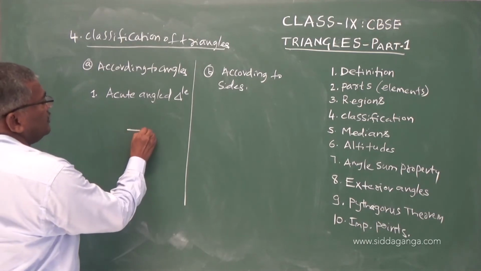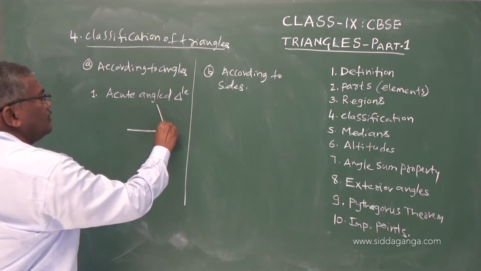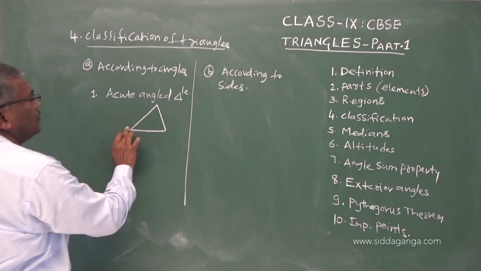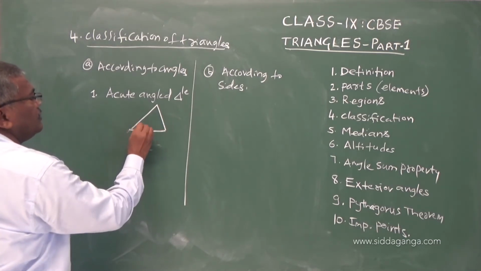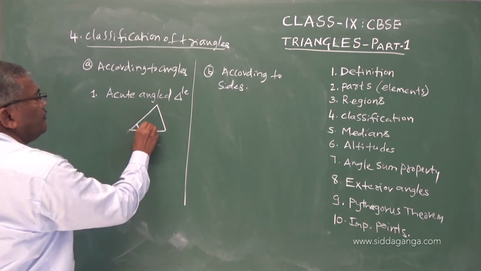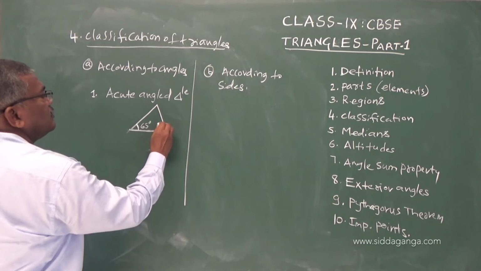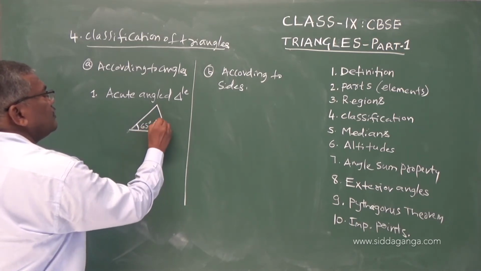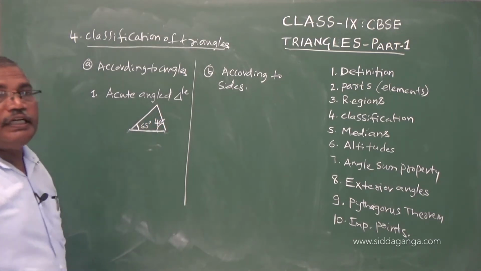So, let us say this is a triangle like this. Say this is 65 degree and this angle, let us say, second angle is 40 degree.